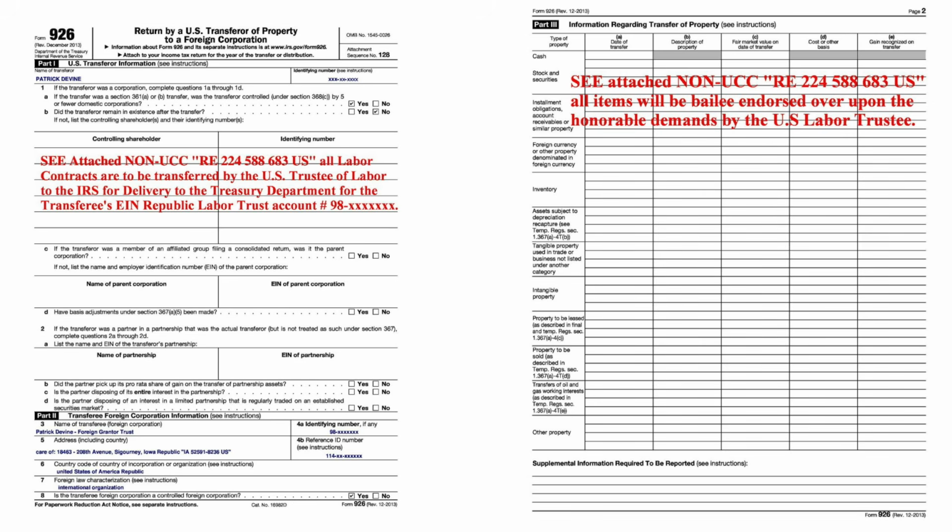That's where the 98 number goes. Your Social Security person with all its attachments goes up there as the transferor. Got it. And then just attach a copy of that non-UCC to that document.